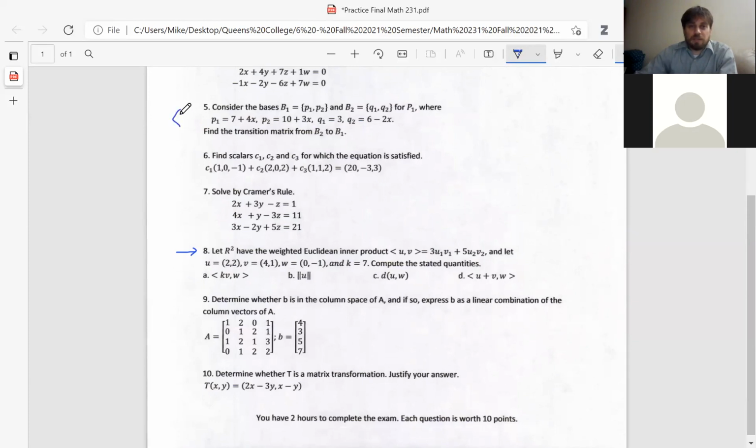Maybe I might just try to write on here, because moving this... Actually, I don't like that. I know what I'll do. Sorry, give me one second. I need to get these buttons working.